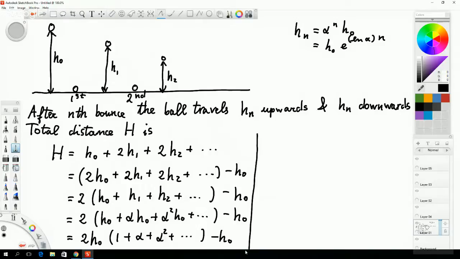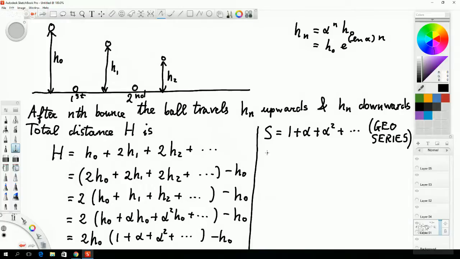So let me call that infinite sum S, and many of you will probably recognize it from your maths courses. It's called the geometric series. In case you've forgotten what the value of the sum is, let's just do it very quickly again. It's not hard at all, and it's quite a nice derivation. Let's say that S equals 1 plus alpha plus alpha squared plus dot dot dot.